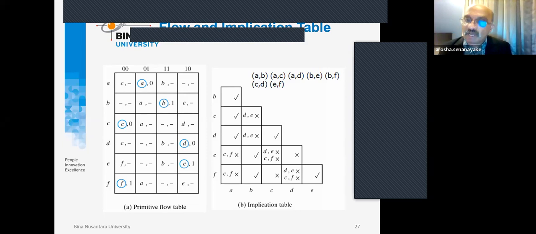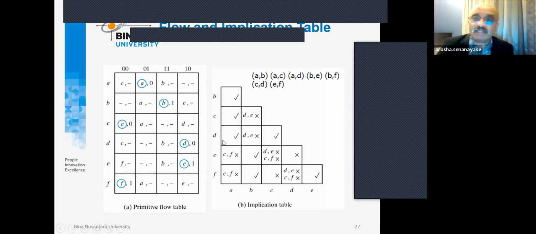We will see what those are. We will go row by row, because our expectation is the reduction of the number of rows, looking at equivalent states, and at the same time later on compatible states as well. So let's see what we can do.